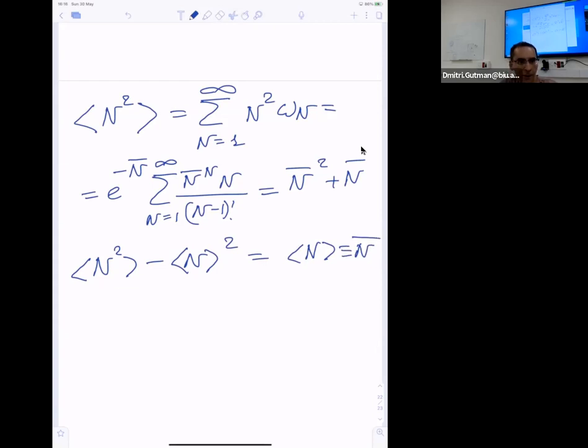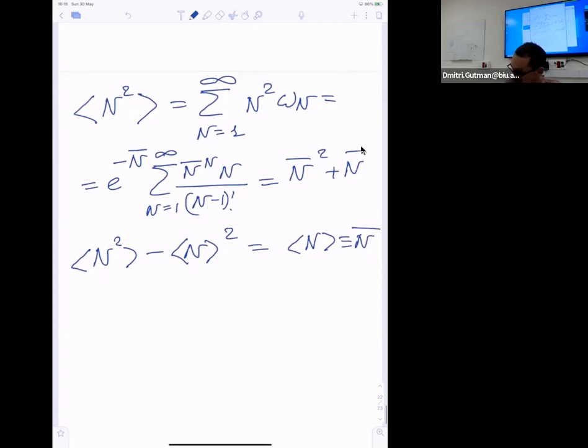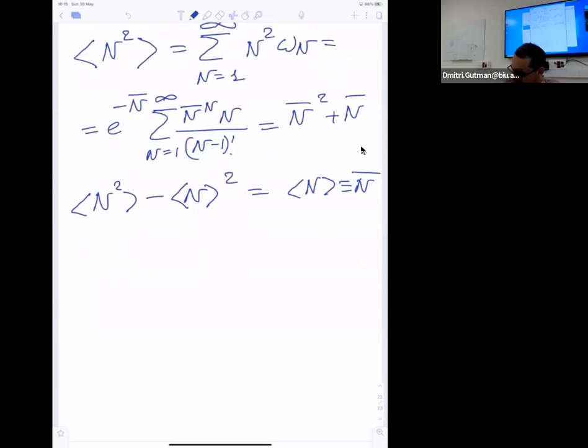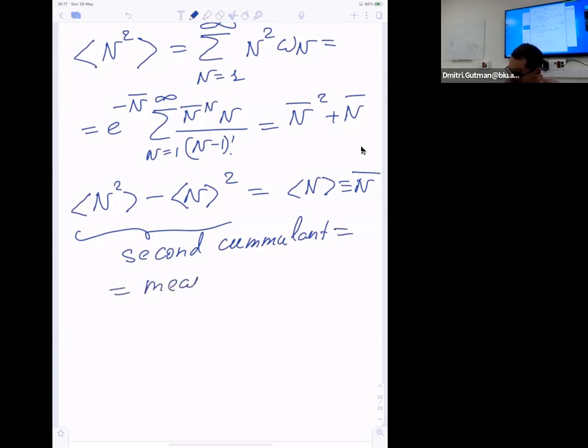Okay. In other words, there is a name for it. I think it's called a variance, or second cumulant. And the second cumulant is actually equal to the mean value, or first cumulant.